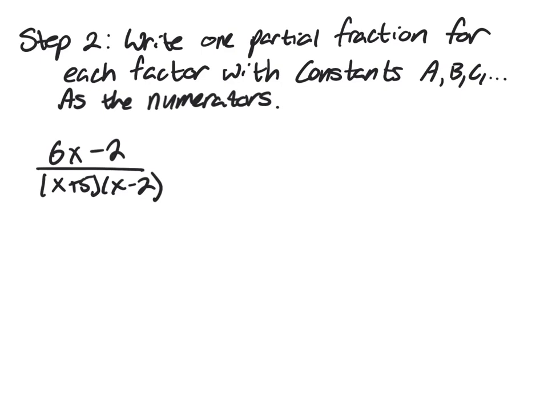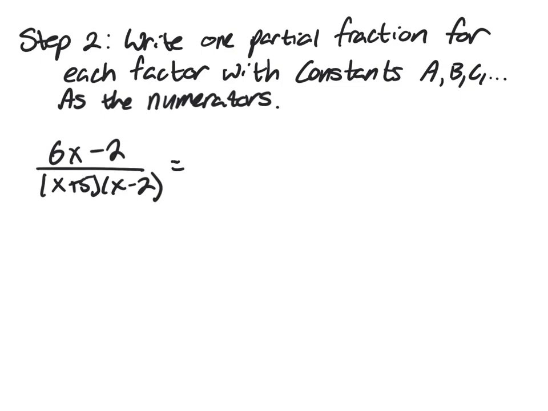Step 2. We are going to take this rational expression with a factored denominator, and we are going to write one partial fraction for each factor where our numerators are constants. We're going to let those constants be a and b because we only have 2 factors. We would use c, d, etc. if we had more factors.